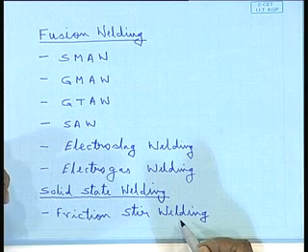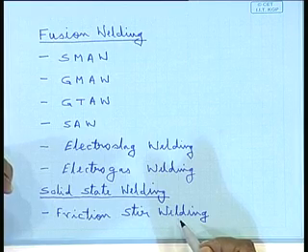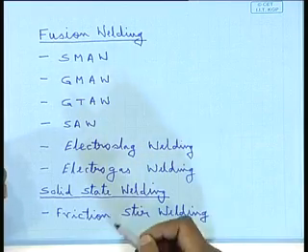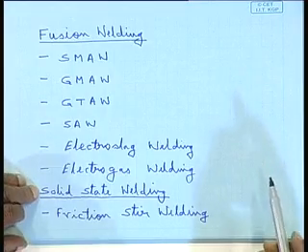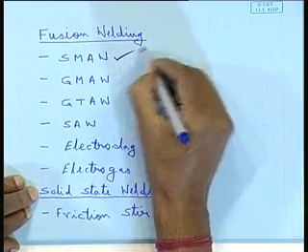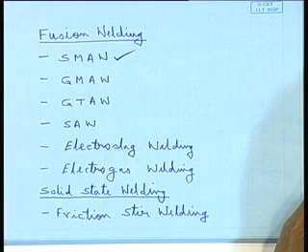In this, we do not go for melting of the plates to be welded. So that is how the name solid state welding. We will look into that later, in a little more detail. So today we will look into shielded metal arc welding in a little more detail.